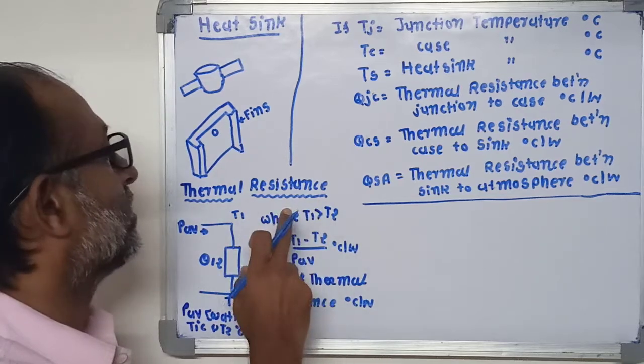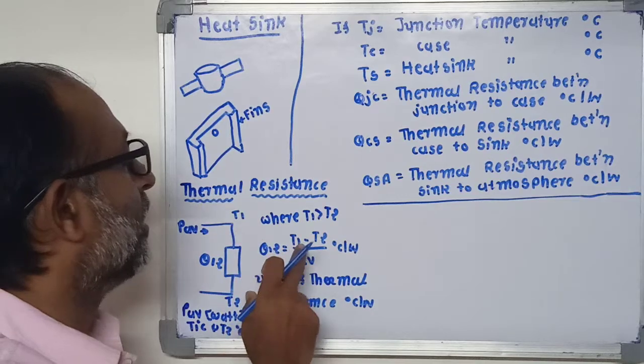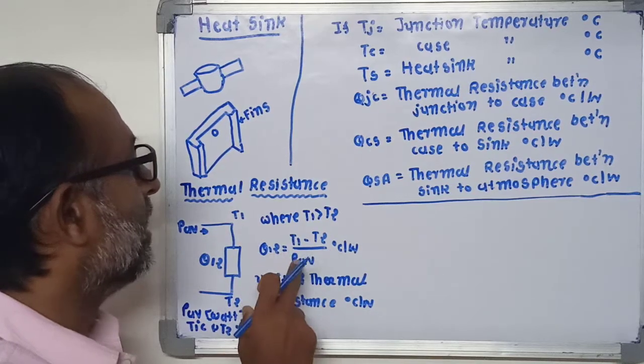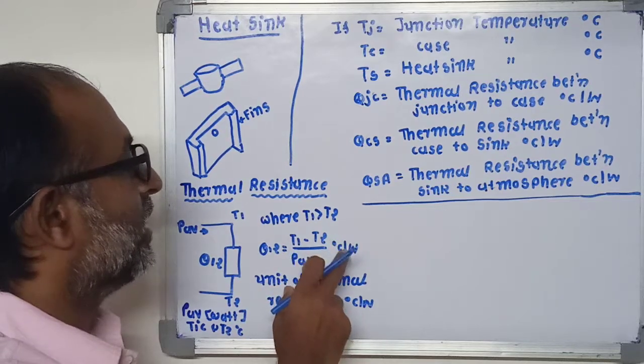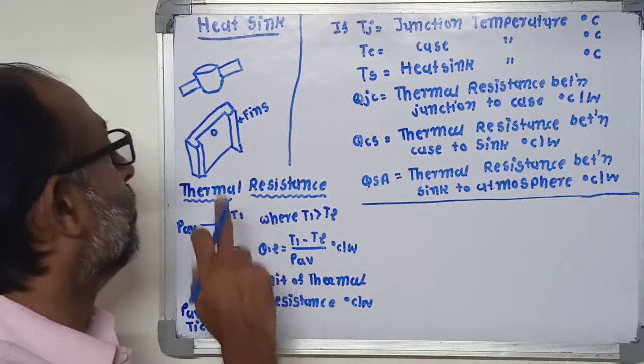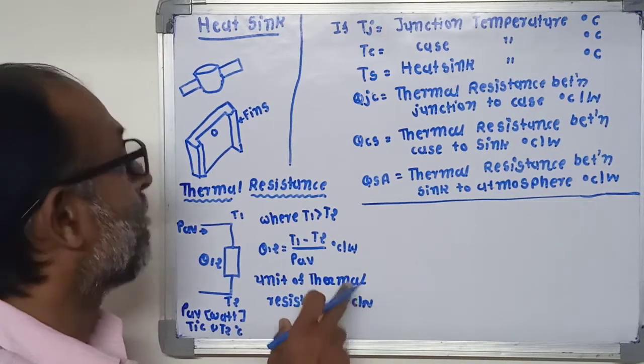So the thermal resistance can be written as theta12 is equal to T1 minus T2 divided by P average. The unit of thermal resistance is degree centigrade per watt.